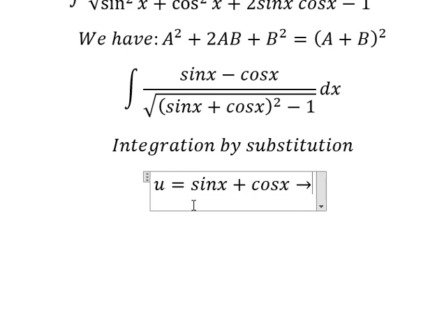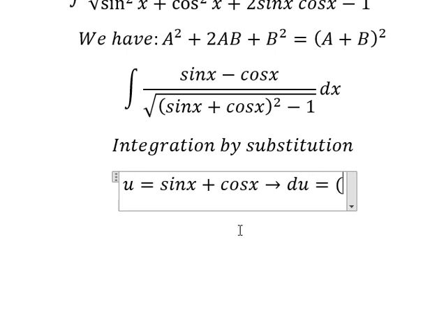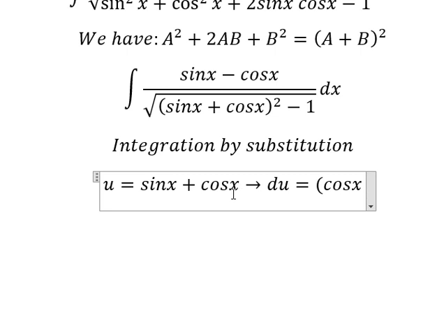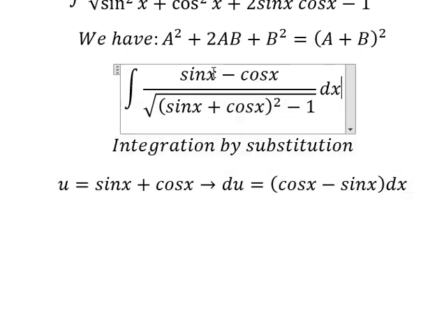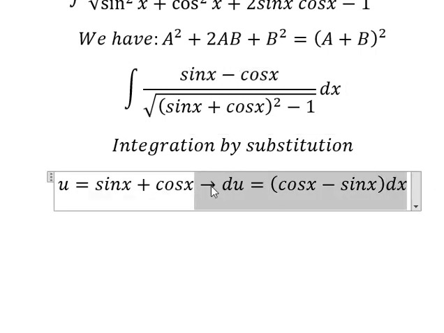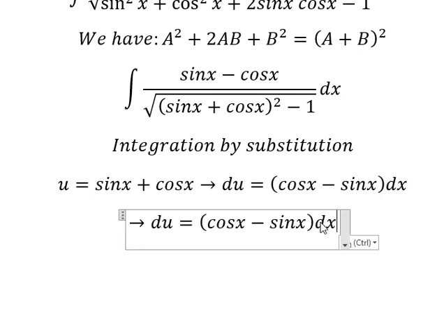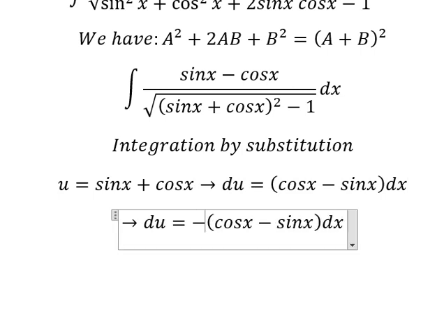Later, we need to first take the derivative of both sides. This one we have cos x, and this one we have negative sin x. But we see that this is sin x minus cos x, so I need to put the negative on both sides.